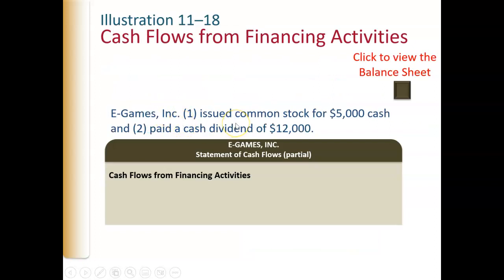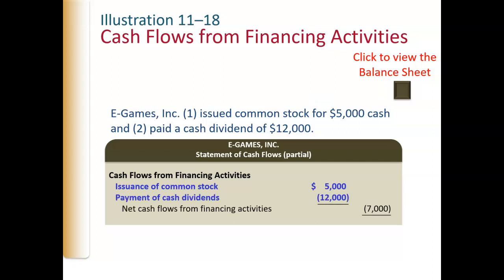So if eGames issues common stock for $5,000 cash and paid dividends of $12,000, by issuing $5,000 in common stock, the company receives $5,000. And paying dividends of $12,000, we reduced our cash by $12,000. So our net cash flows from financing is minus $7,000. Does that make sense, guys? Yeah?